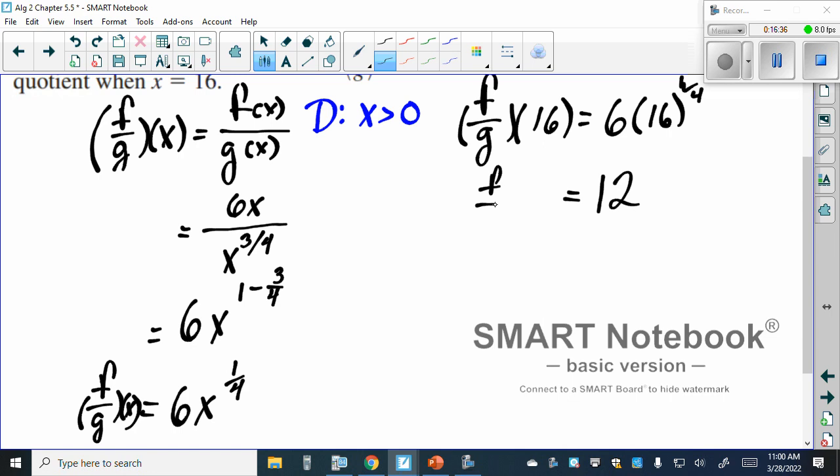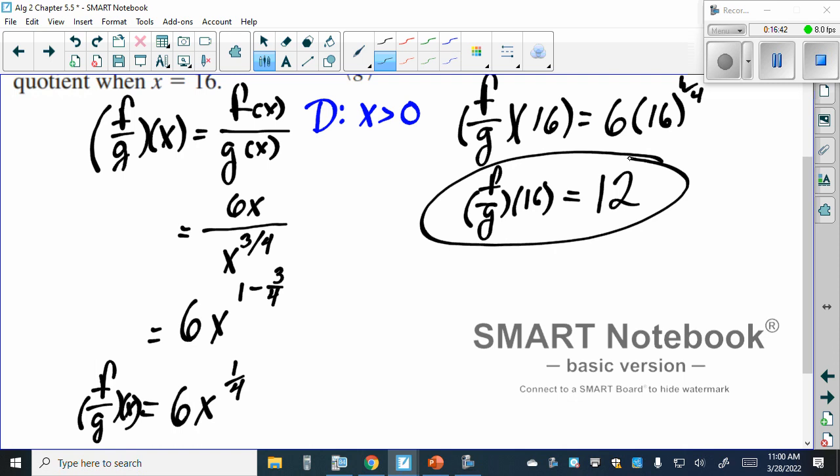So our f divided by g of 16 is 12. And really what we're looking at is 6 times the 4th root of 16. We're trying to see what times itself 4 times is 16, which is 2. And 6 times 2 is 12. Because again, 1/4 power is the same as the 4th root.